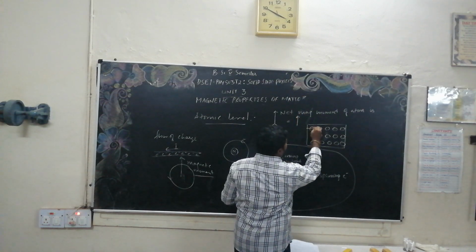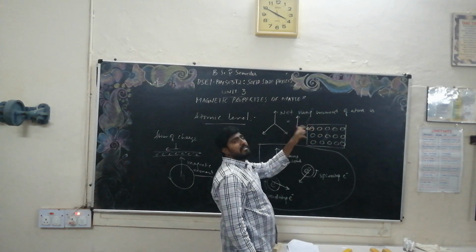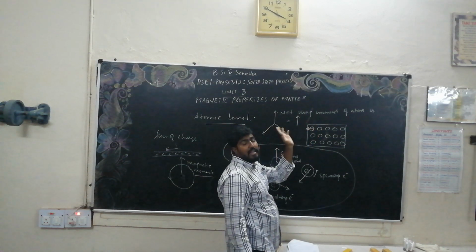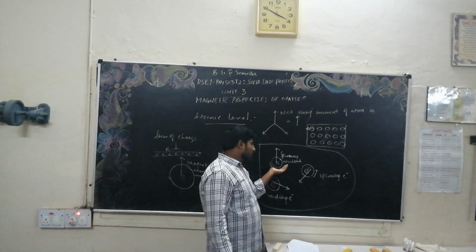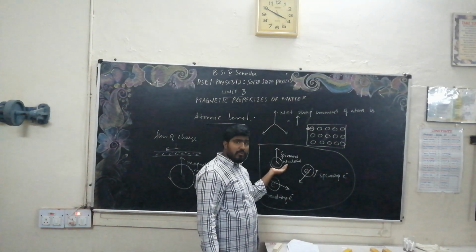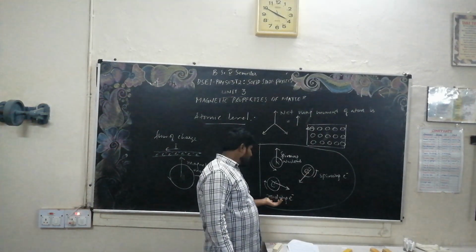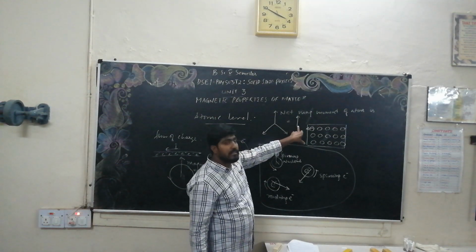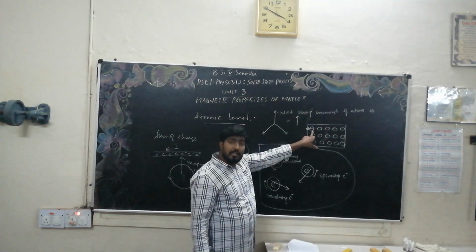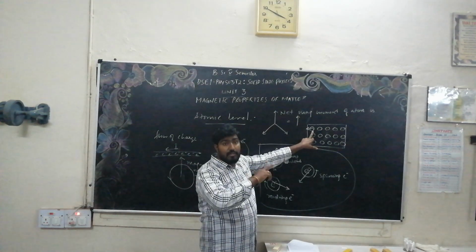Therefore, if I draw one atom, the dipole moment is in this direction. Any direction, that means the magnetic moment of the spinning nucleus, the magnetic moment of the spinning electron, the magnetic moment of the revolving electron, the net magnetic moment is this. Therefore, this is the net resultant magnetic moment of one atom.